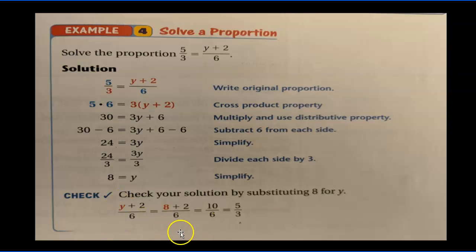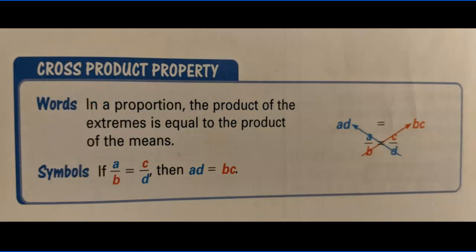So here's the y. We put the 8 in. I end up with 8 plus 2 equals 10 over 6. My proportion is 10 over 6 equals 5 over 3. So we know how to do that. Let me just remind you of this again. Cross product property, CPP. You can put those initials in a proof if we needed it.